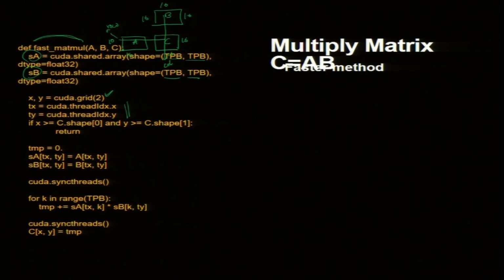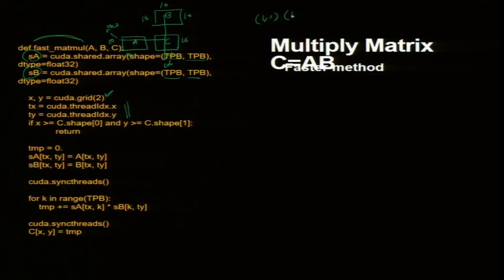The earlier code had two blocks, but there is only one block which has 16 by 16. So, you have to make sure that only one block is running, and it is 16 by 16. So, the tuples will be 1 comma 1 for the grid and 16 by 16 for the block. Clear?